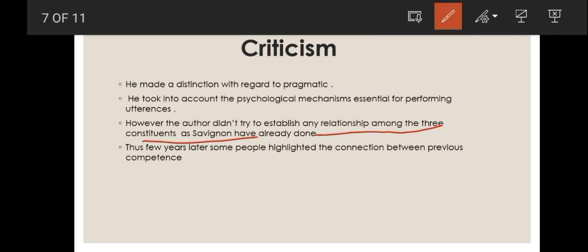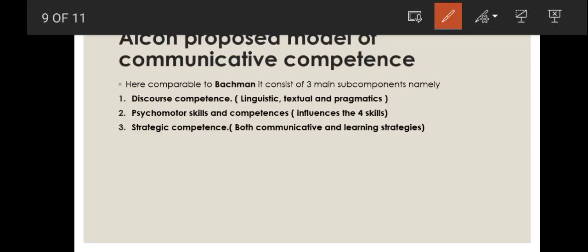He criticized Celce-Murcia's model for not giving the interrelationship among the points, but he couldn't give the interrelationship between his own points either. So he faced the criticism here.